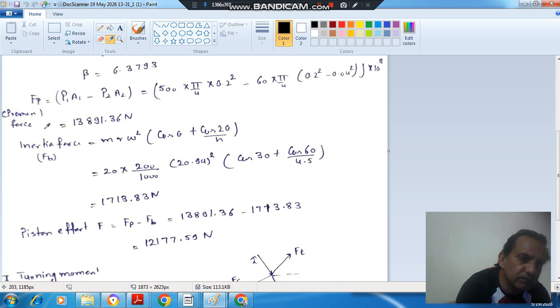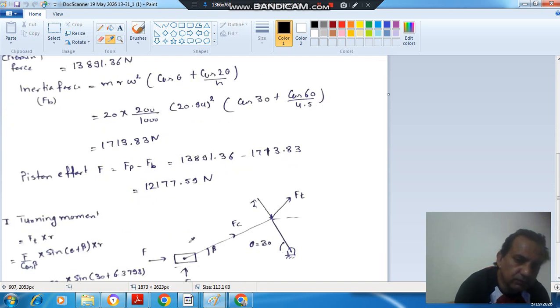This is your inertia force, this is your pressure force. So net force or piston effort is F equal to Fp minus Fb. Piston effort comes out as 1177.59 newton.